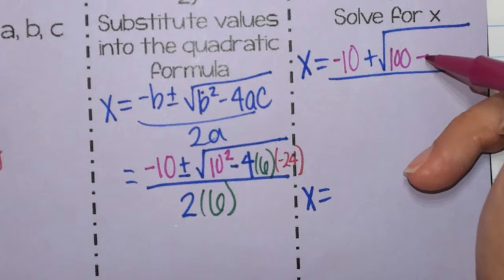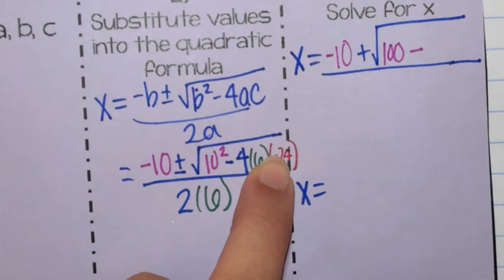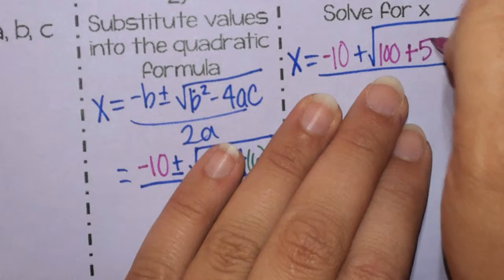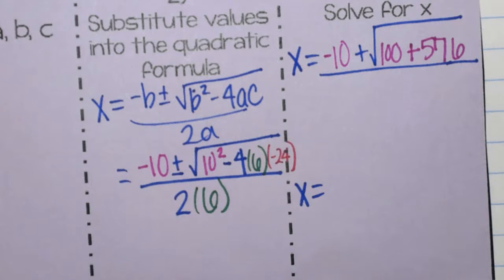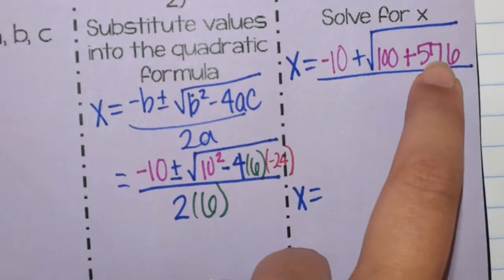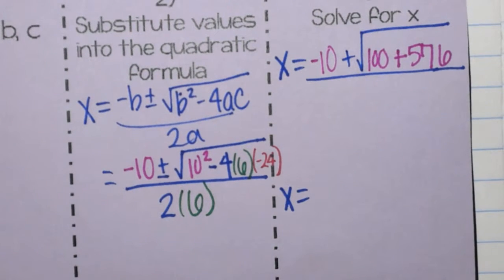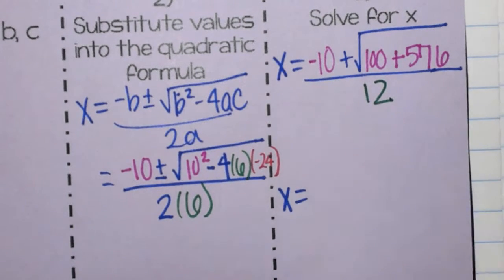So is that going to be a plus or minus? It's a plus because it's negative 4 times 6 times negative 24. That's plus 576. So we did negative 4 times 6 and got negative 24. Negative 24 times negative 24 gave us positive 576. And what's 2 times 6? 12. Then we're going to write the same thing down here, but with a minus.